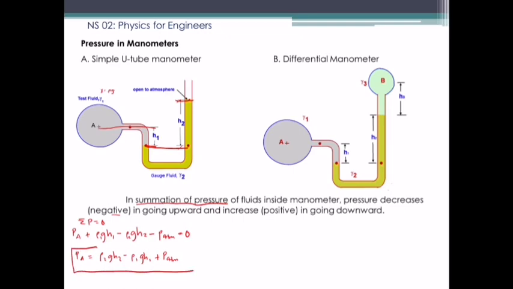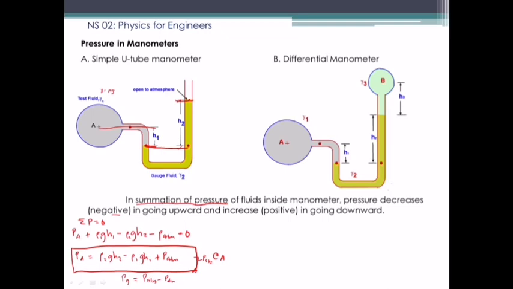Usually, if the gauge pressure is asked, since this is absolute, you will use the concept of gauge pressure: absolute pressure minus P atmospheric.